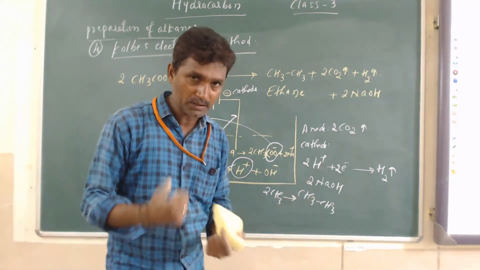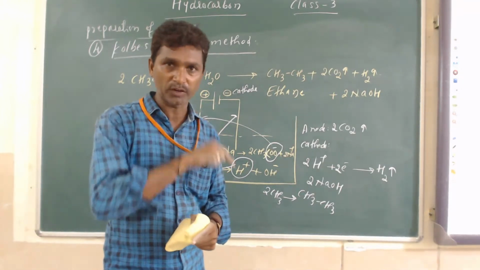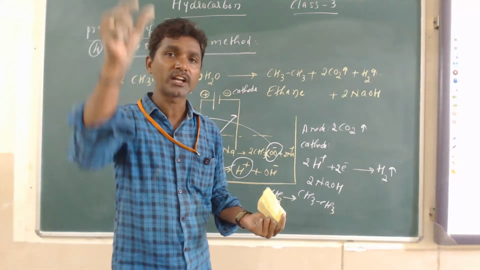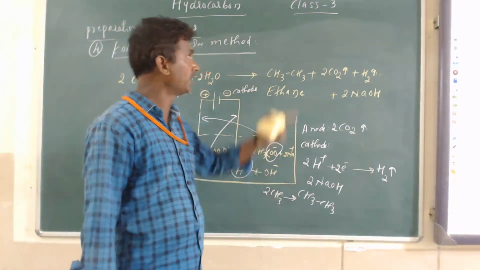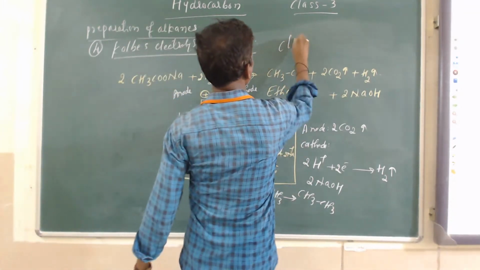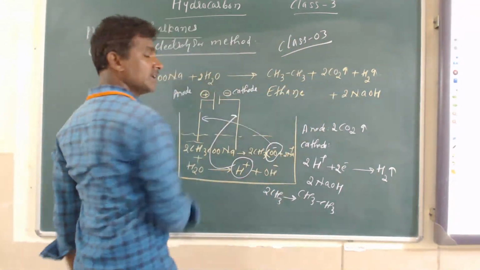Yes, my dear students, the first class we discussed hydrocarbons and their classification. The second class was nomenclature and isomerism. Today's class is class 3, in which we have discussed preparation.